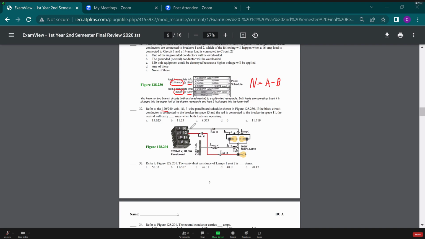But if we take a look at 375 divided by 120, watts divided by volts equals amps, we have 3.125 amps.